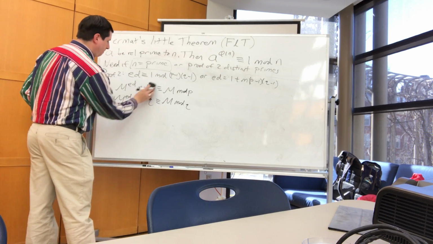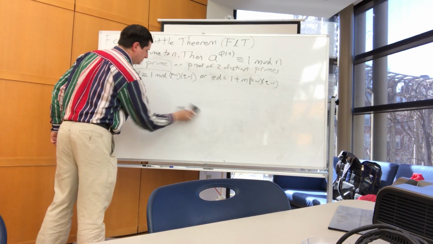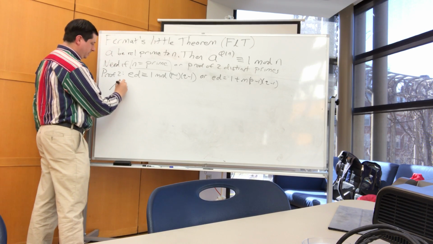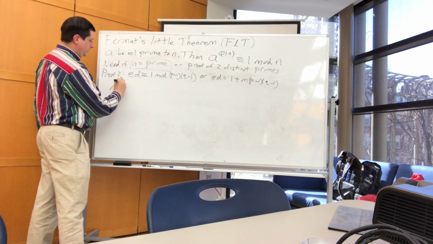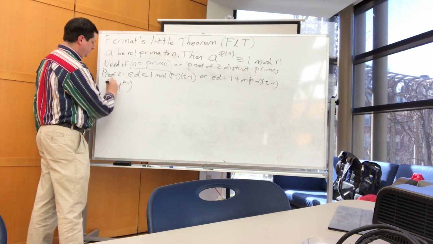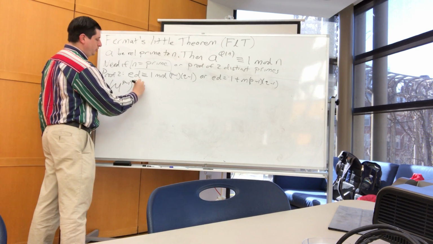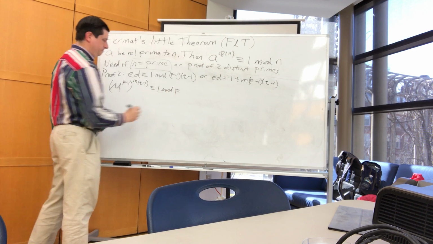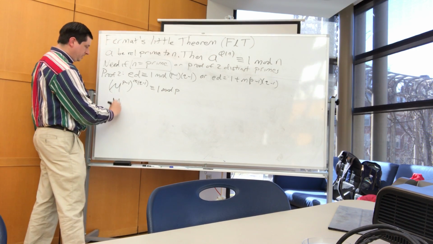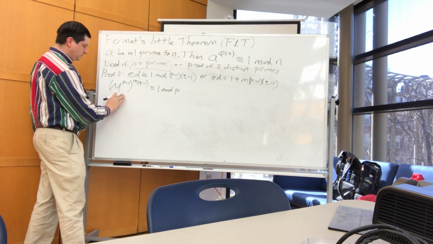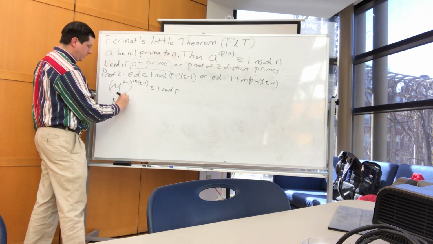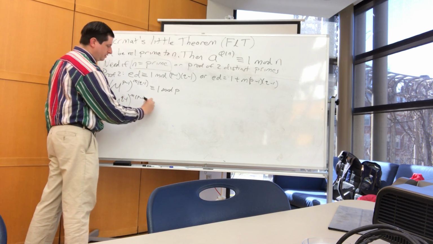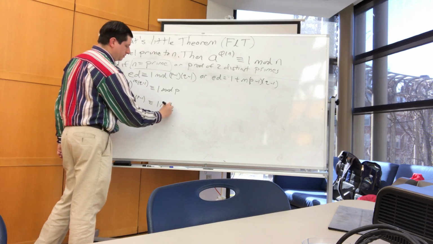We had m to the p minus 1, to the m times (q minus 1), is congruent to 1 mod p. And we have m to the q minus 1, to the m times (p minus 1), is congruent to 1 mod q.